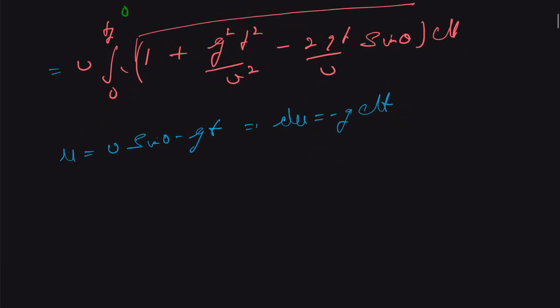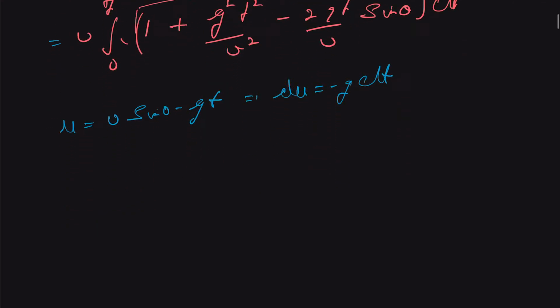And let us redefine the limits. So whenever t was equal to 0, we get our u is equal to v sine of theta.